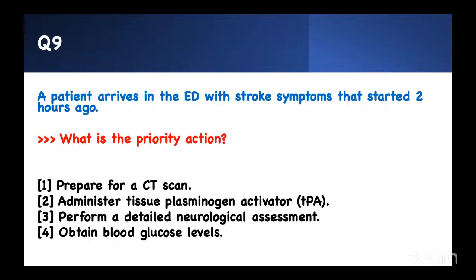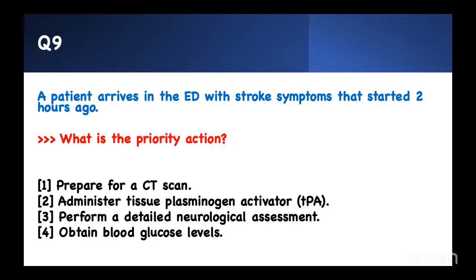Ask yourself, checking glucose, what would it give you? Performing a detailed neurological assessment, what is it going to give you? Giving them TPA, what is it going to give you? Preparing to get a CT scan, what is it going to give you? The concept here, as always, go back to the concept.